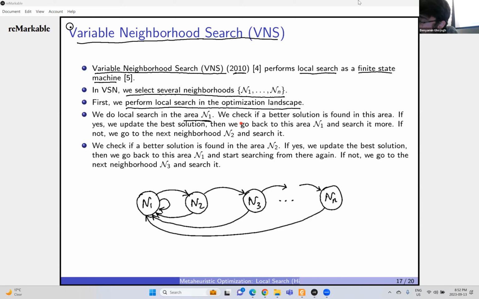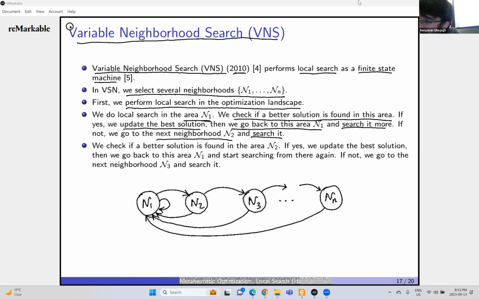Then we check if a better solution is found in this area in n1. If yes, we update the best solution, of course, because we found a better solution. Then we go back to n1 and search it more. If not, we go to the next neighborhood, n2, and search it.